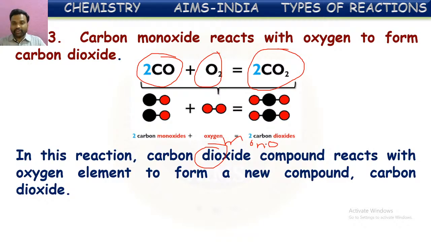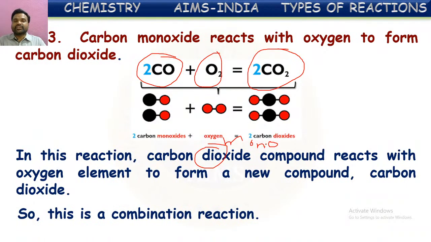Carbon monoxide compound reacts with oxygen element to form a new compound, carbon dioxide. Hence, it is also a combination reaction, but it is between a compound and an element.